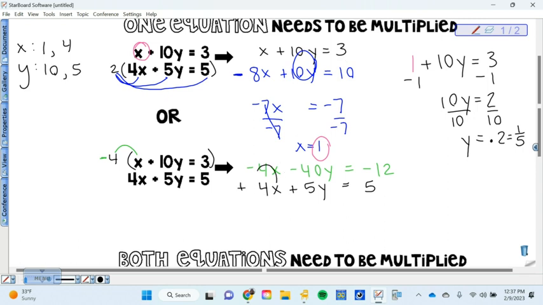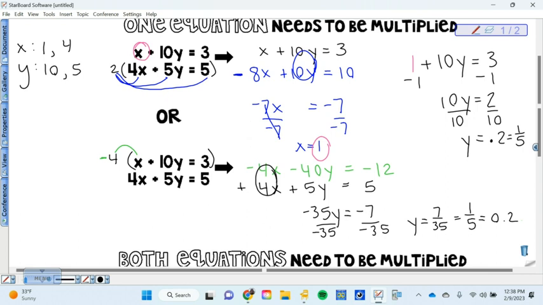Because if I add these, that's going to cancel. -40 plus 5 is -35y equals -12 plus 5 is -7. Divide by -35. Y equals 7 over 35, which simplifies to 1/5 or 0.2. Same answer. Okay? I'm just showing you there's multiple options to do this.